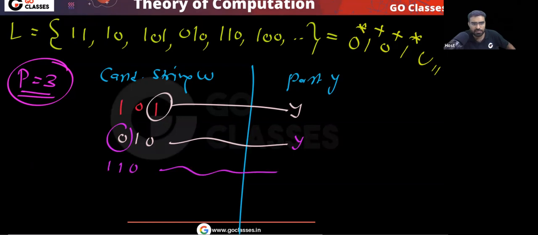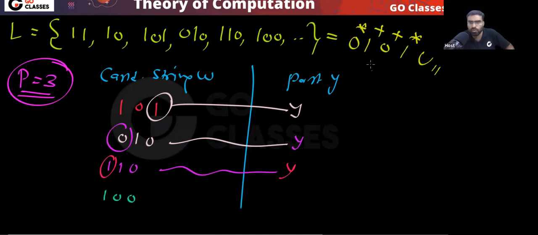In this 110, I can take this as Y, and you can pump it. What about the next string, 100? Here you can take this as Y. So it looks like P equal to 3 will work.